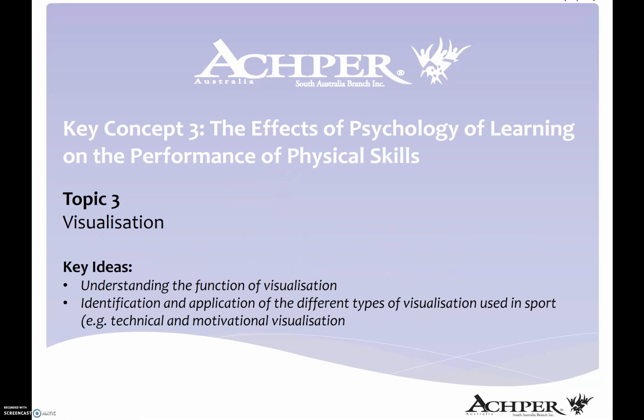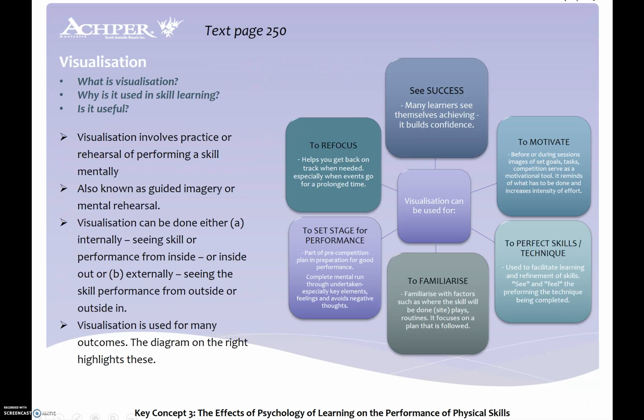Now we'll look at visualization, understanding the function of visualization and its application in our skill learning. What is it? It involves practice or rehearsal of performing a skill with mental imagery, using guided imagery as mental rehearsal. This can be done either internally or with external sources such as sports psychologists.